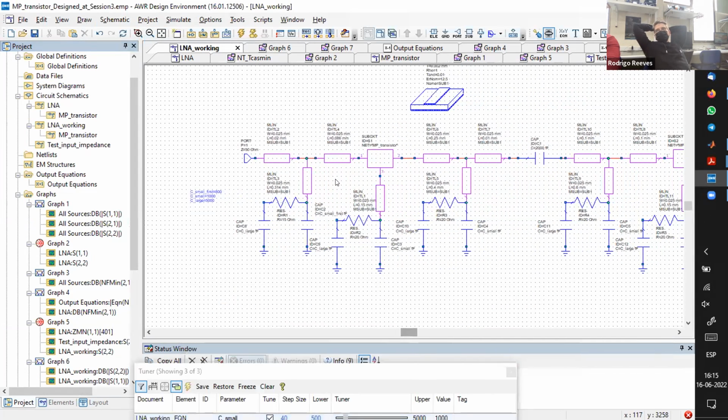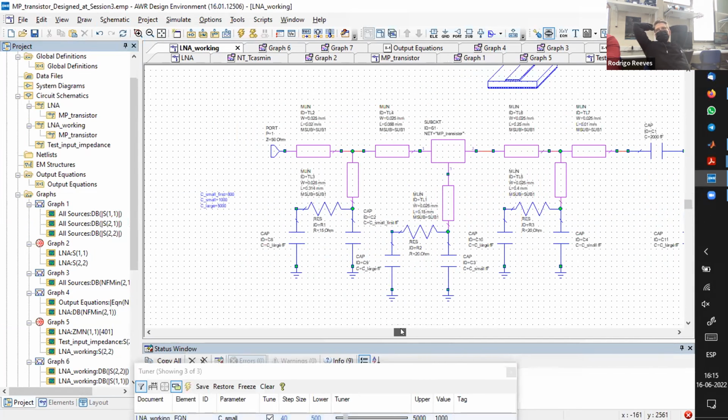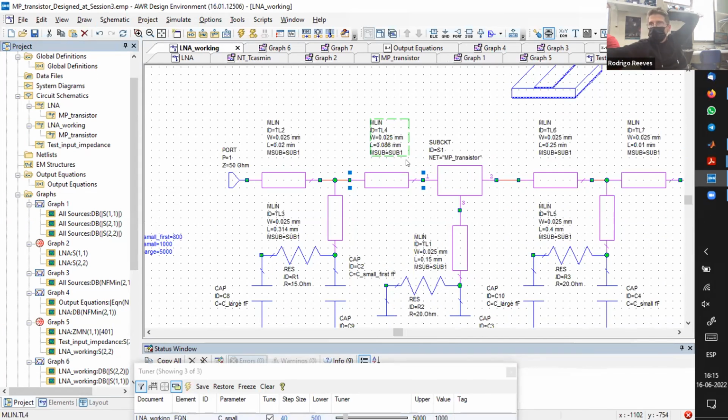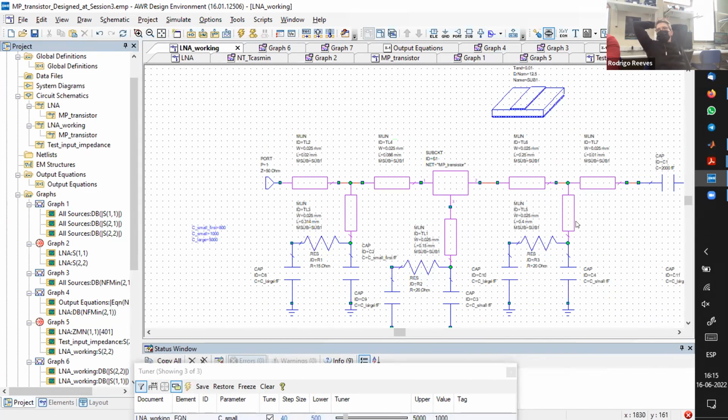The second shunt short-circuited stub that you have, how long is it? Okay, it's quite short. One option is to make that stub longer, so that it's close to a quarter wavelength.